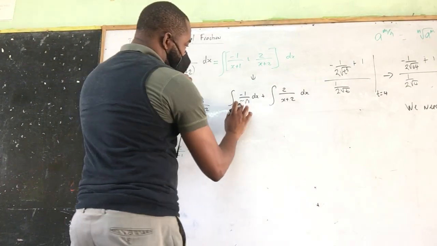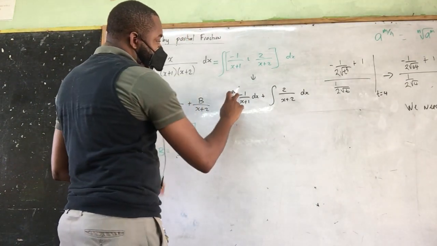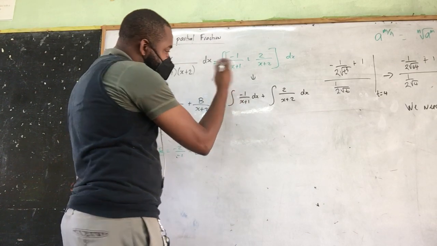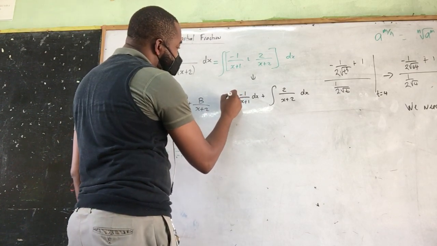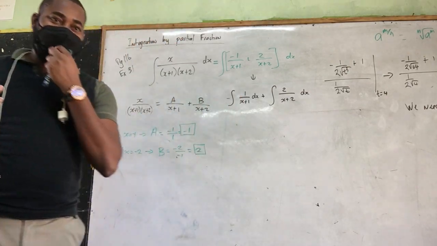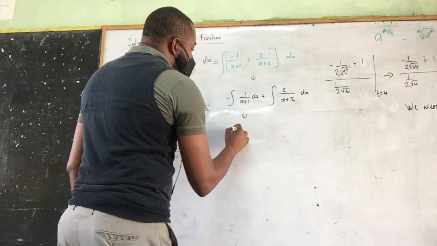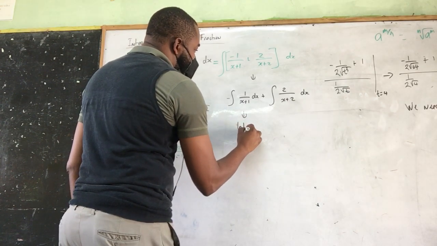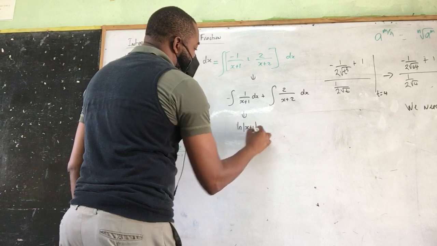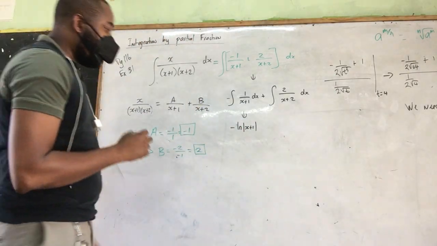What's the derivative of x plus 1? It's just 1, but I have a -1 here. If I put the negative outside, now my numerator is the exact derivative of the denominator. So this just becomes natural log of the absolute value of x plus 1, and this negative comes down. So you have to remember this rule.